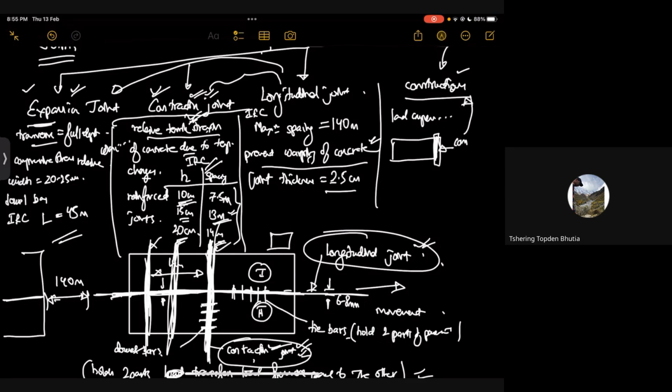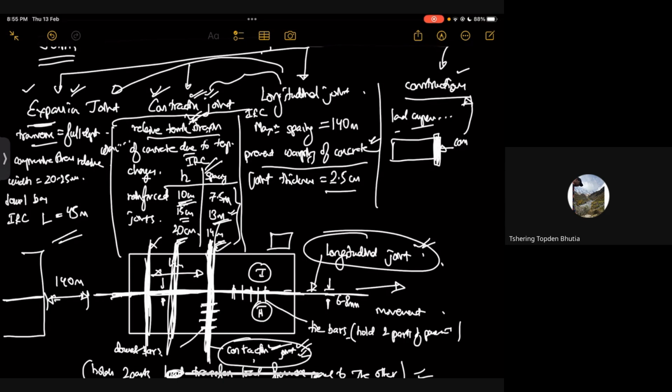Okay, when the construction was stopped due to some sort of reason, suppose land compensation पाएन, or the breakdown of कुनै machinery थियो अरे, right? घरिघरि procure गर्नु difficult छ, त्यसले गर्दाखेरि if it is not allowed then the joint prepared at the end of the pavement is called construction joint.